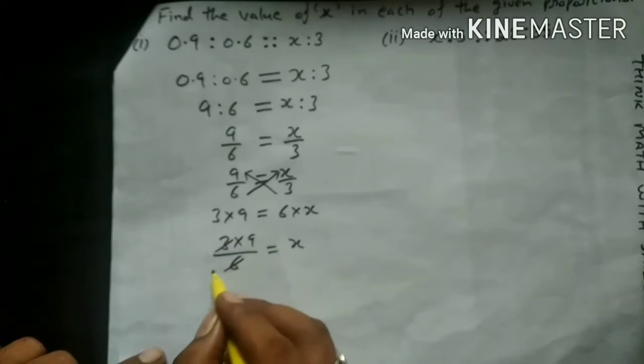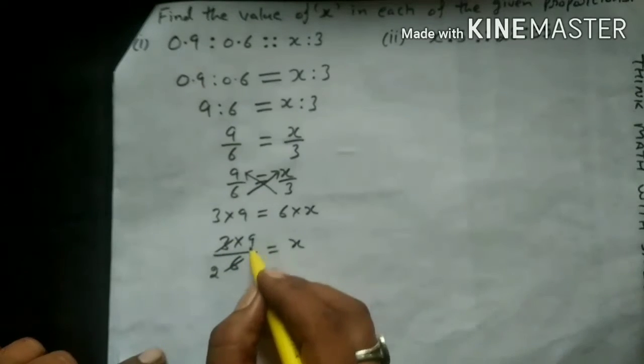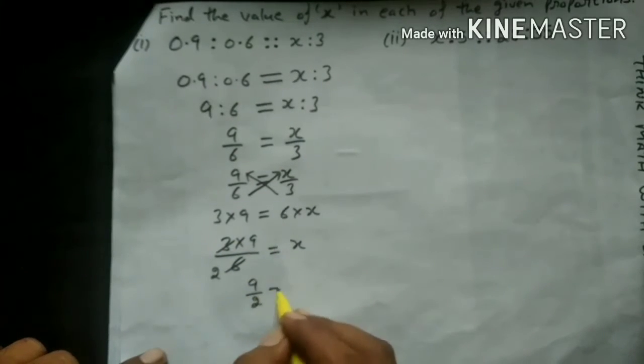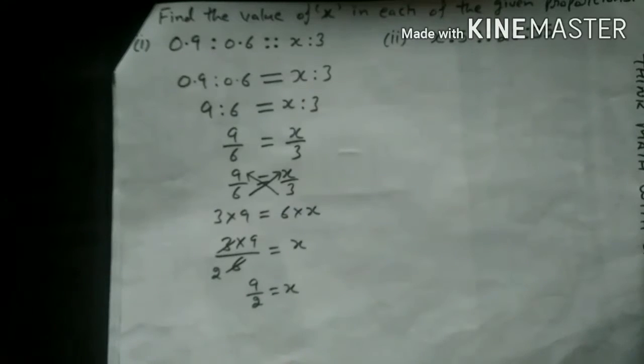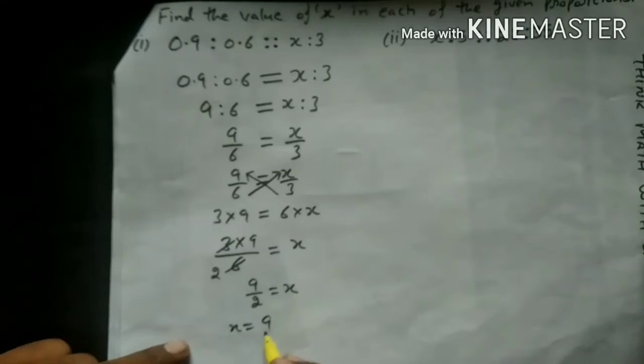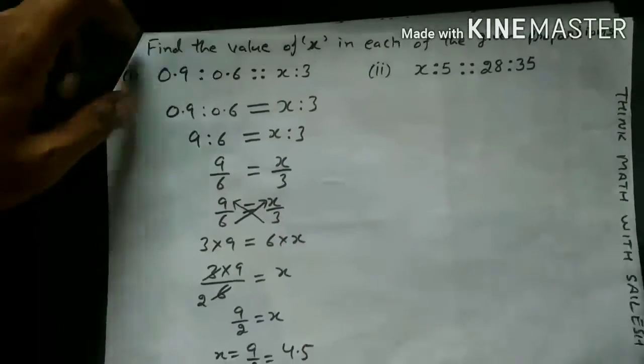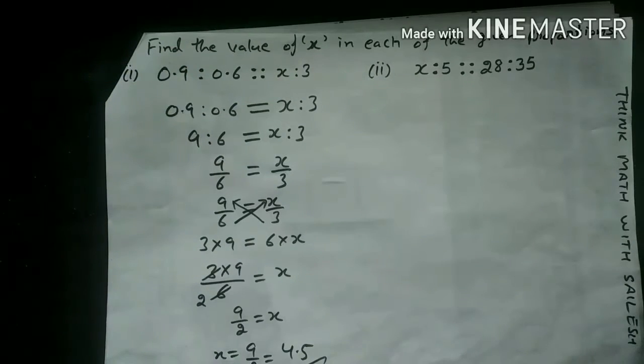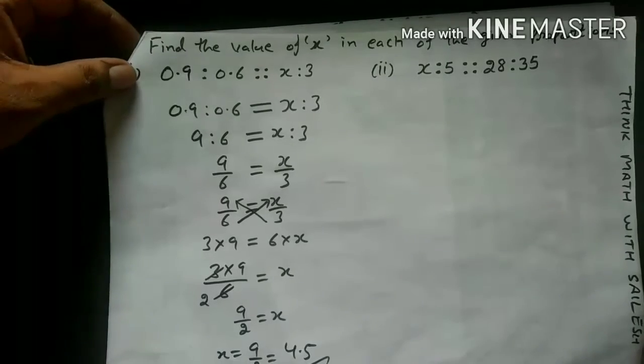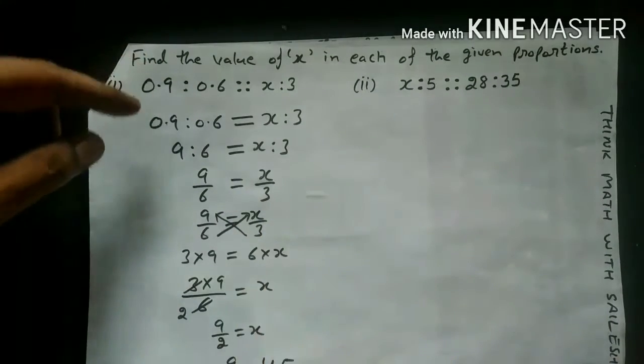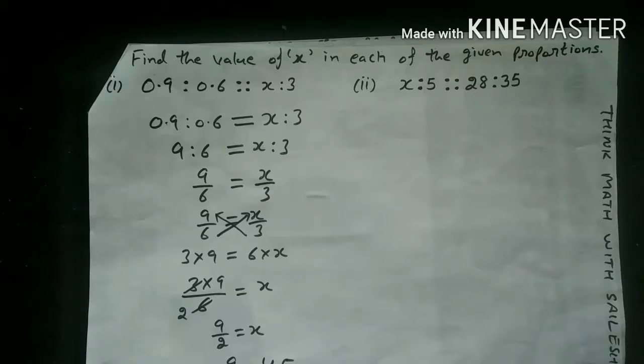Now 3 goes into 6 two times, and this is 9, so 9/2 is the answer. So the value of x is 9/2, that is, on division we get 4.5. So the third proportion, that is unknown, has the value 4.5. Student, in this way we can get the answer with the detailed method.